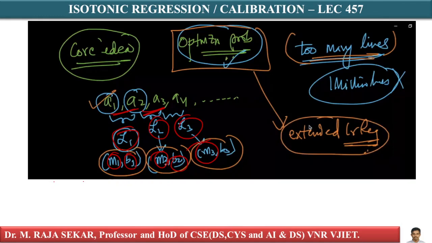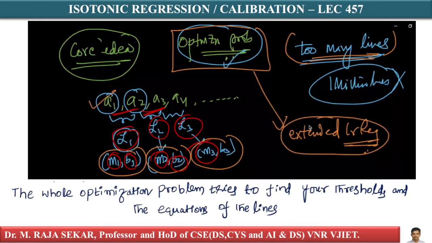The whole optimization problem tries to find your thresholds. What are those thresholds?